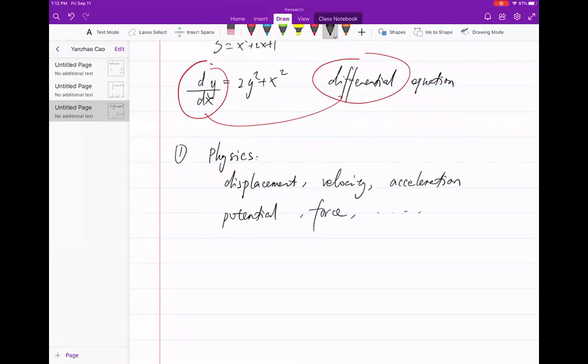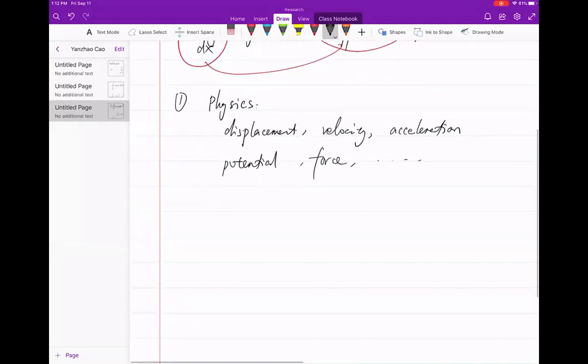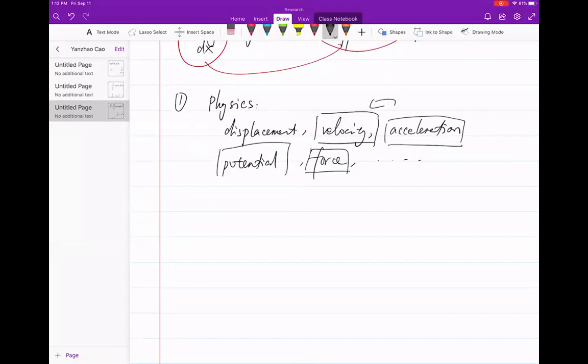And naturally, they satisfy relations such that you cannot avoid derivatives, because velocity is clearly the derivative of displacement, and acceleration is clearly the derivative of velocity. And the force is actually the partial derivative of potential with respect to space. So all the quantities you want to set up a relationship with naturally contain derivatives.